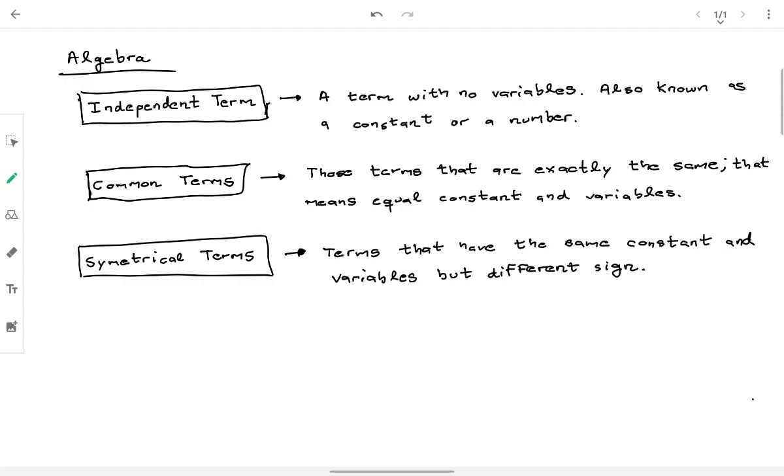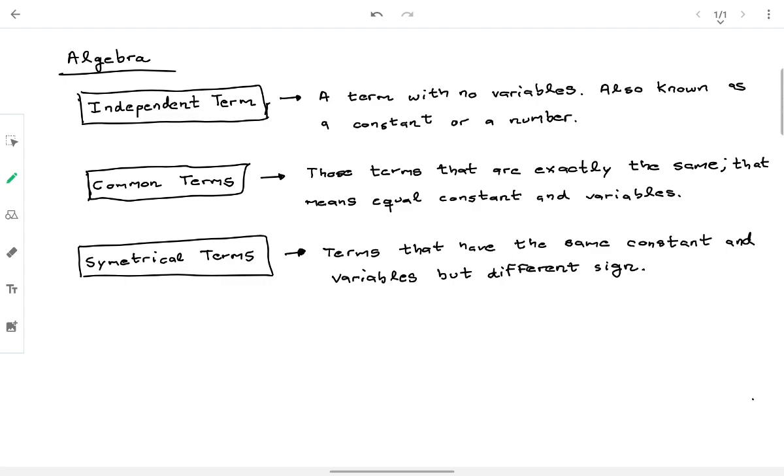If we have only the number, the arithmetical number, not a variable or letter, that will be an independent term. We will also have what are called common terms. Those terms are exactly the same. That means that they have equal constants and also equal variables.